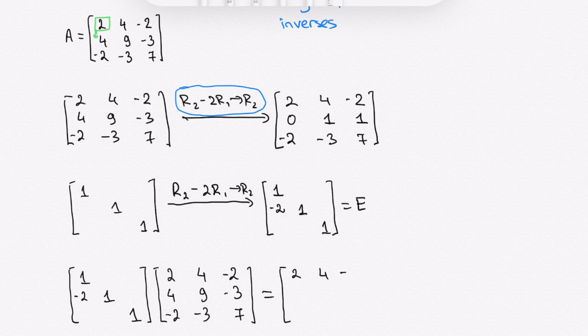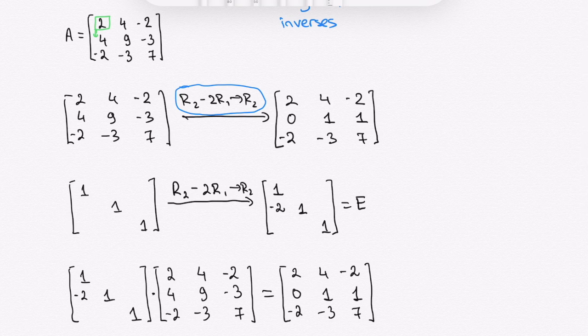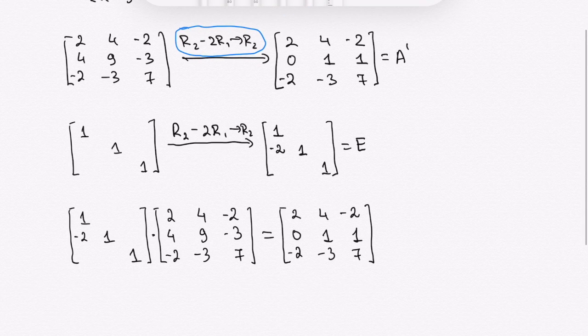So 2, 4, negative 2, 0, 1, 1, negative 2, negative 3, 7. So we have this equation with matrix multiplication, something very precise. We have equality. I have A and E labeled. Let me call this new matrix A prime, for example. So what we have is we applied E to A on the left-hand side, and we got A prime.